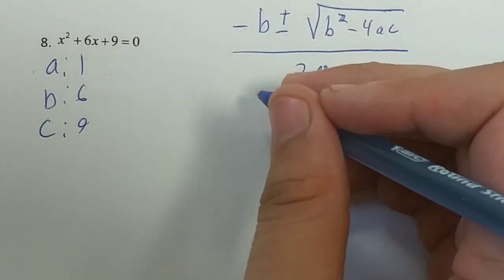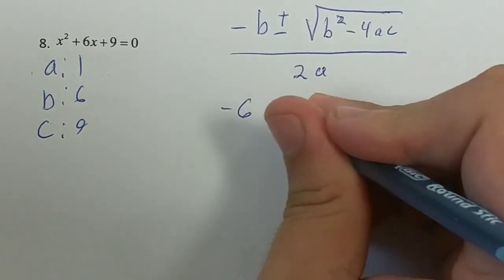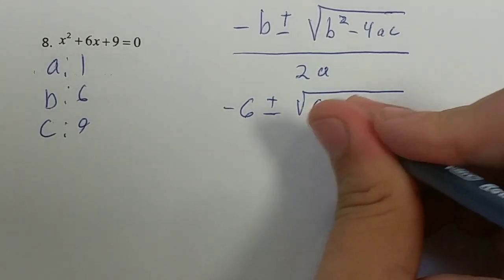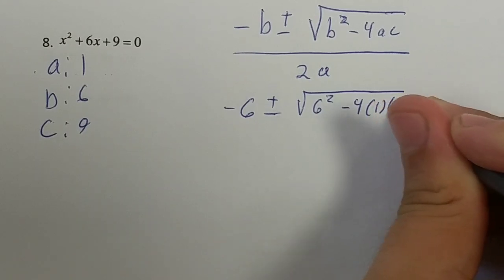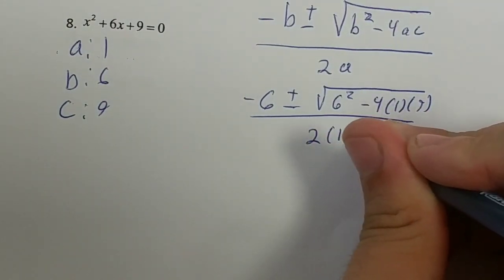Now we have to plug in b, a, and c. So that is negative 6 plus or minus the square root of 6 squared minus 4 times 1 times 9 over 2 times 1.